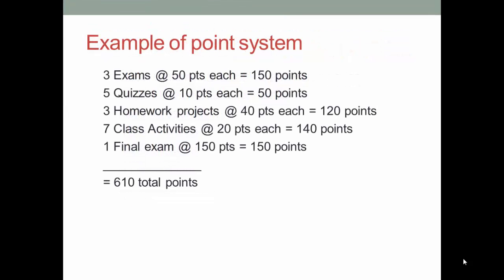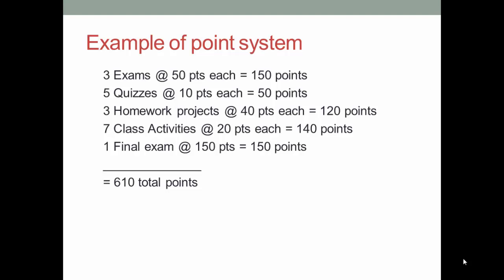Here is an example of grading by points. Every assignment group has a set amount of points. Even though the total points for each assignment group represents a certain percent of the total grade, it isn't confined to that percent. For example, 3 homework projects are worth 120 points of the 610, or 20% of the grade.